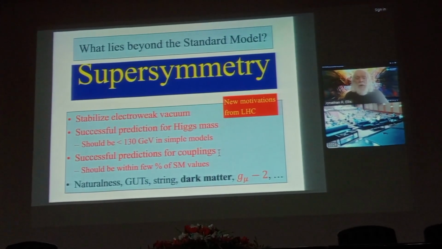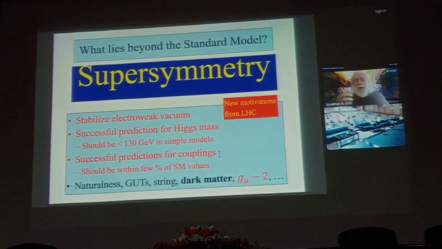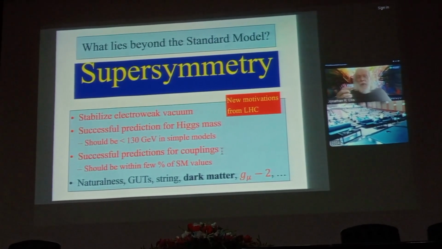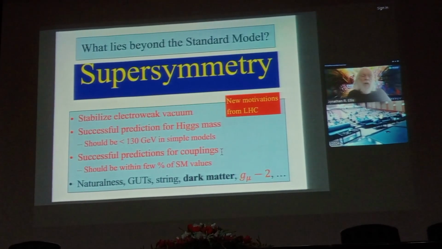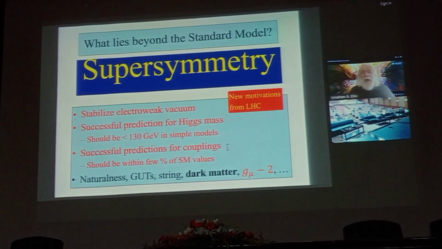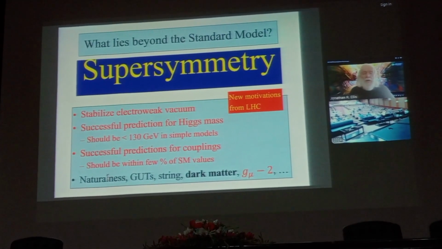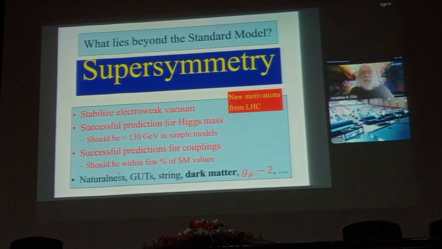And in such a supersymmetric theory, we predict that the couplings of the Higgs should be equal to the standard model values to within a few percent, which seems to be the case. So this is all great. So these are new motivations, in addition to the argument for naturalness, which I mentioned on the previous slide.